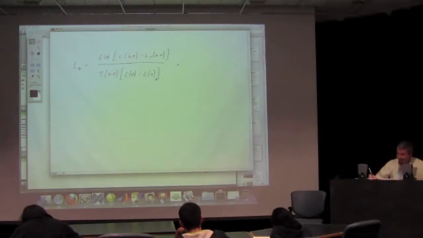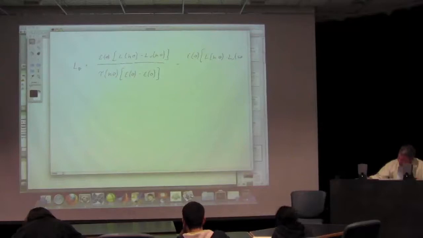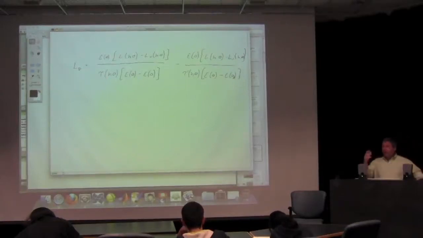Minus something that looks very similar but with the opposite components. So E naught, L, H theta, minus LU, H theta, tau, H theta, and that same term. Or epsilon zero.